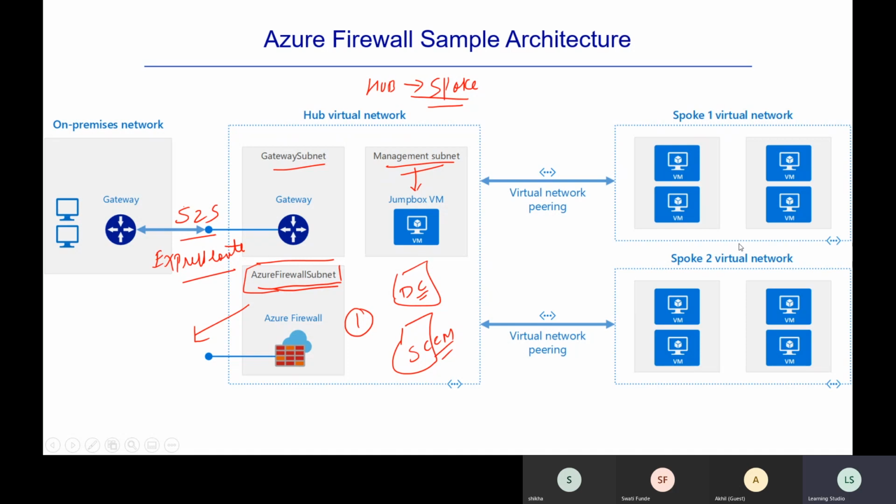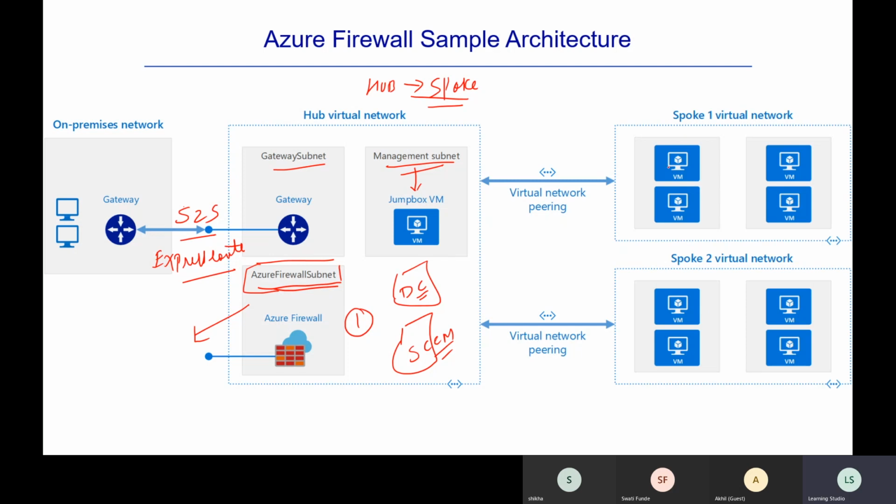The way they are connected is, your hub virtual network has connectivity with your Spoke 1 virtual network, and the hub virtual network also has connectivity with your Spoke 2 virtual network. But Spoke 1 and Spoke 2 don't have any connectivity between them. So how will traffic flow from Spoke 1 to Spoke 2? If someone from Spoke 1 wants to access a server in Spoke 2, how would the traffic traverse?